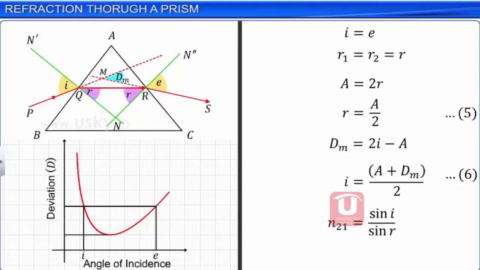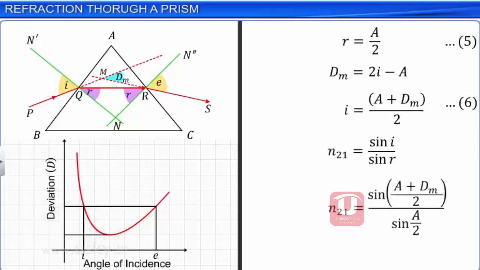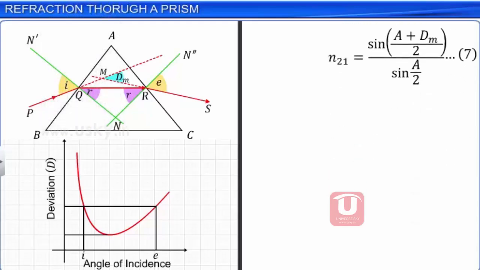Using equation 7, the refractive index of the material of the prism with respect to the surrounding medium can be found accurately. In this method, the values of A and dm are found experimentally. If the refracting angle of the prism is small, then the value of the minimum deviation is also small. But we know that for small angles theta, sin theta is approximately equal to theta.